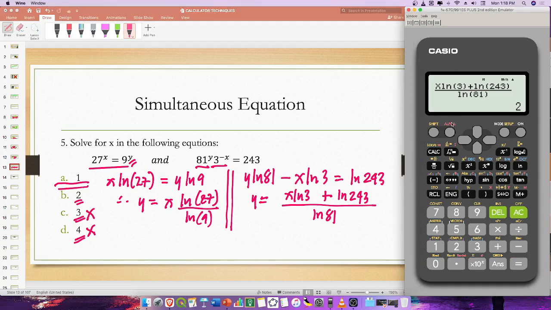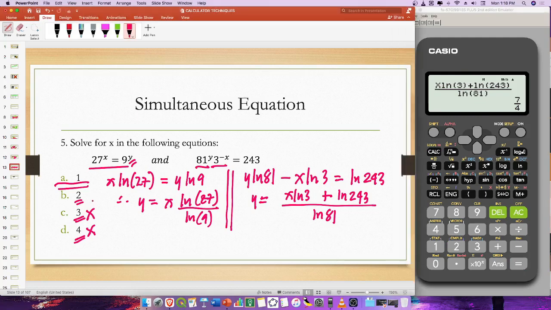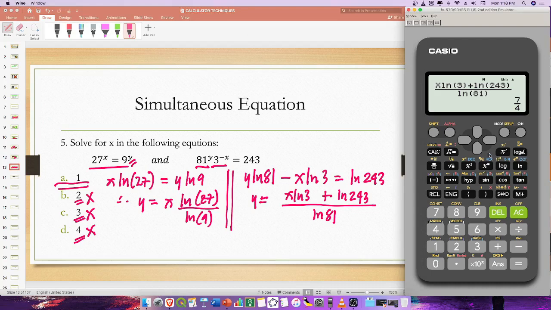Again, we will try another value of x, 2. That's 3 and 7/4. So this is not the answer, since the value of y is different. Our goal is to make the value of y equal. So let's try 1. We already know that the answer is 1.